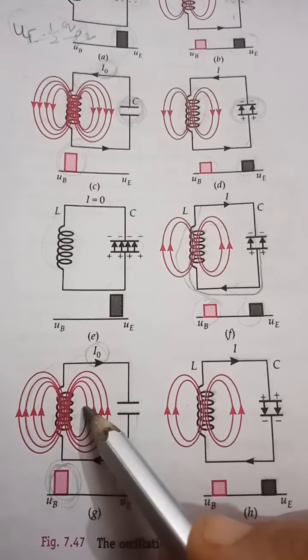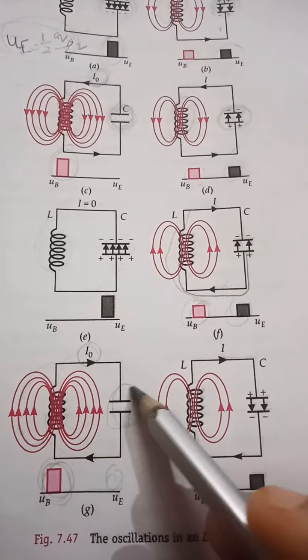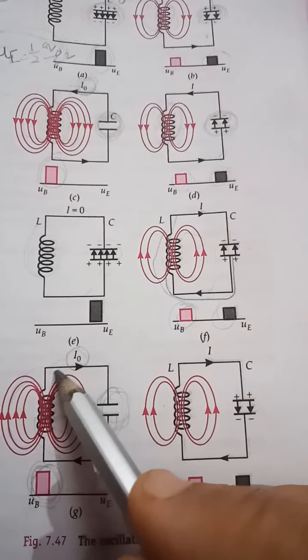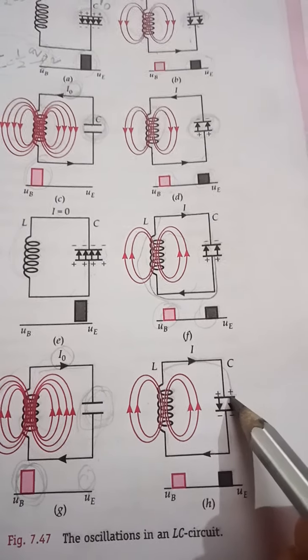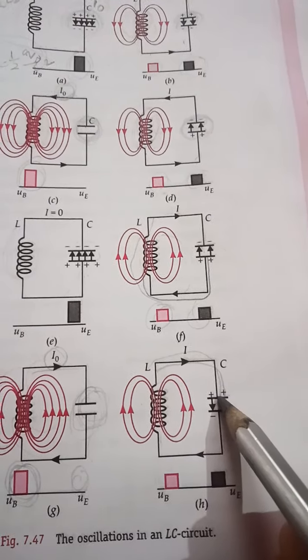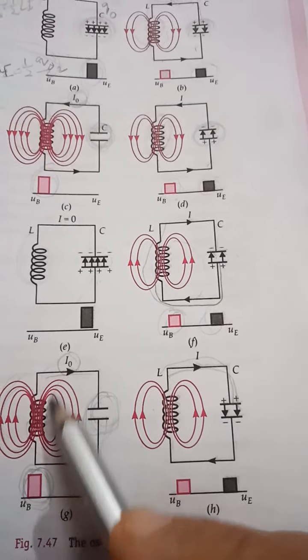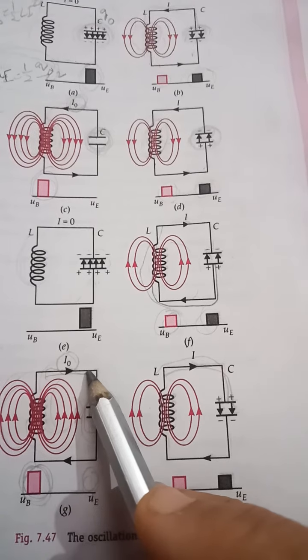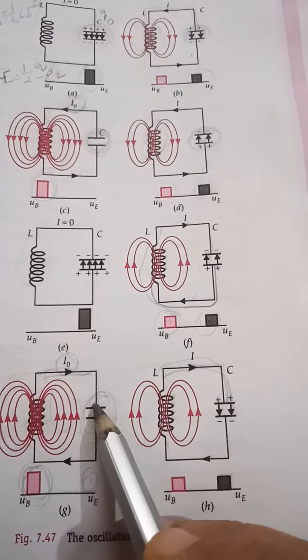Again the capacitor is fully discharged, and again the current starts flowing in this direction. Why? Because the flux starts decaying again, and the induced current flows in the same direction as the current to support it.